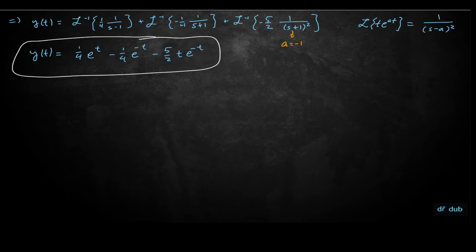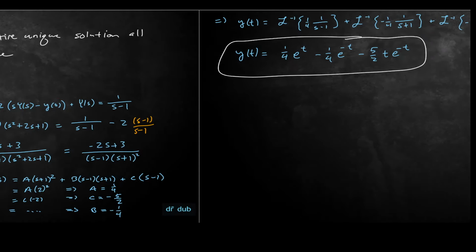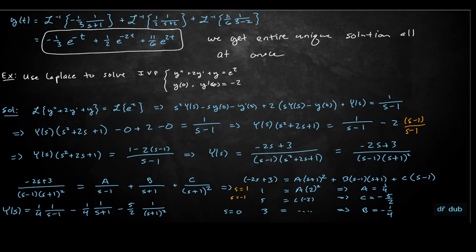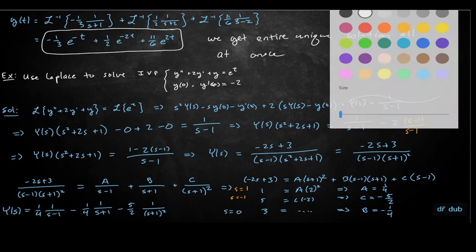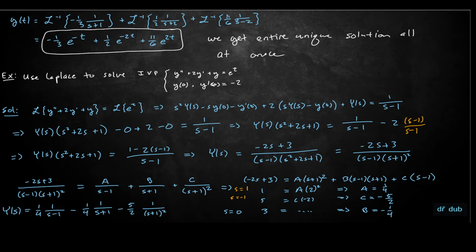Actually, let's think about it. Let's just go back and try to solve that differential equation without Laplace. What would we do? Without Laplace, we would get m squared plus 2m plus 1, which means m plus 1 squared, which means m equals negative 1 is repeated.